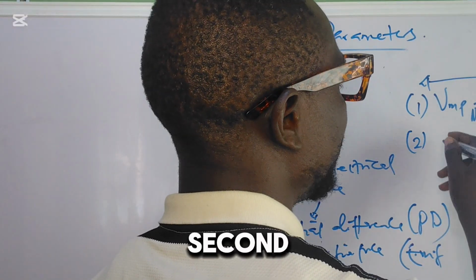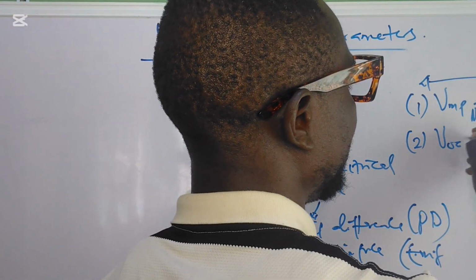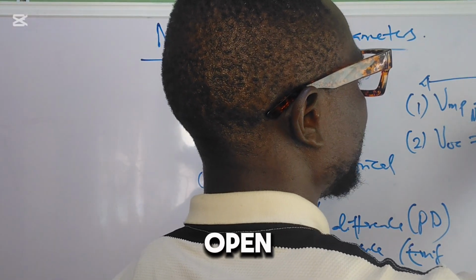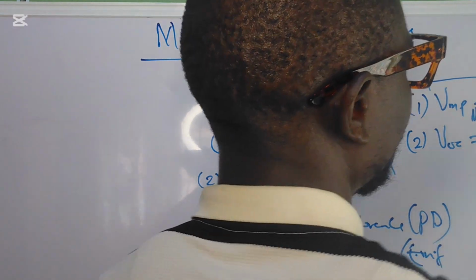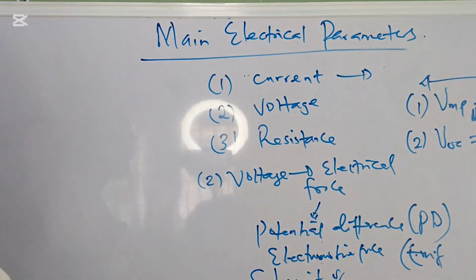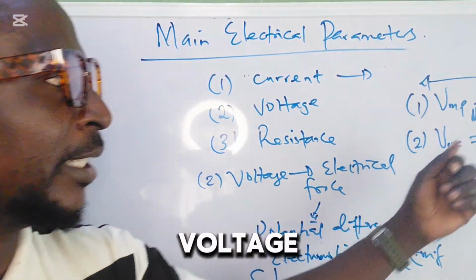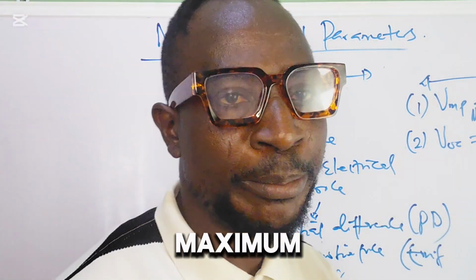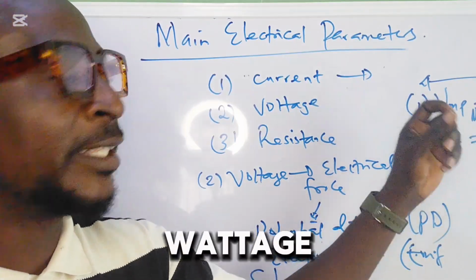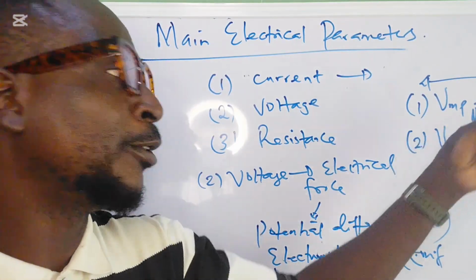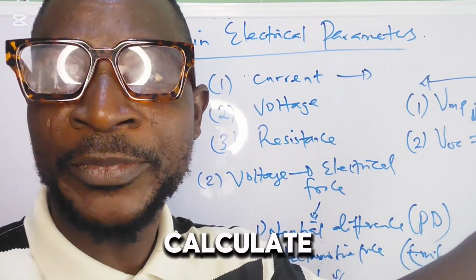And we have the second one, the VOC, which is the open circuit voltage. So what is VMP? The voltage at maximum power. This is the voltage with which the wattage was calculated.